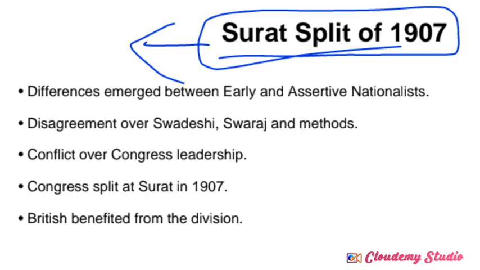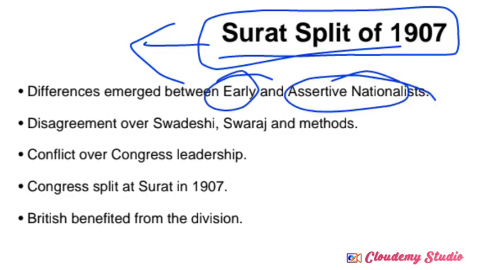Differences emerged between the early nationalists and the assertive nationalists. The principles of the early nationalists were totally different from the principles adopted by the assertive nationalists. So differences of opinion arose between them, and that we call the Surat split.